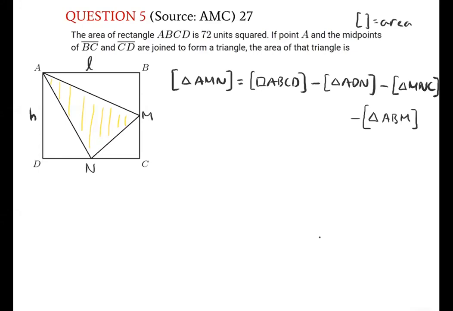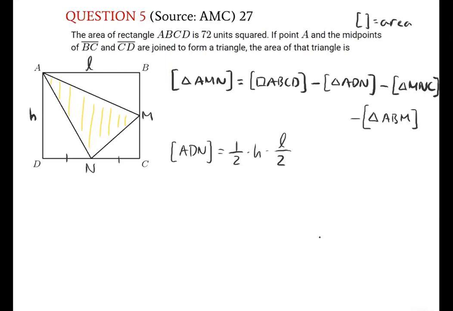So first, let's find what the area of triangle ADN is. And the area of this is just equal to 1/2 times H times half of L, since N and M are midpoints, so all of these are equal.